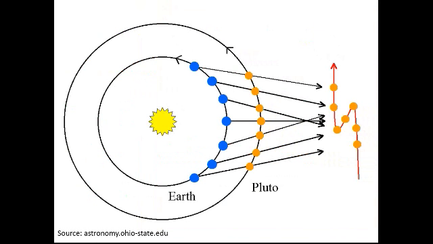Now here's a visual for you that I always put up with the retrograde planets. What happens when we look at any of the outer planets, which is Mars through Pluto? When they are retrograde, they are closest to Earth. The Earth is traveling between the Sun and the retrograde planet.